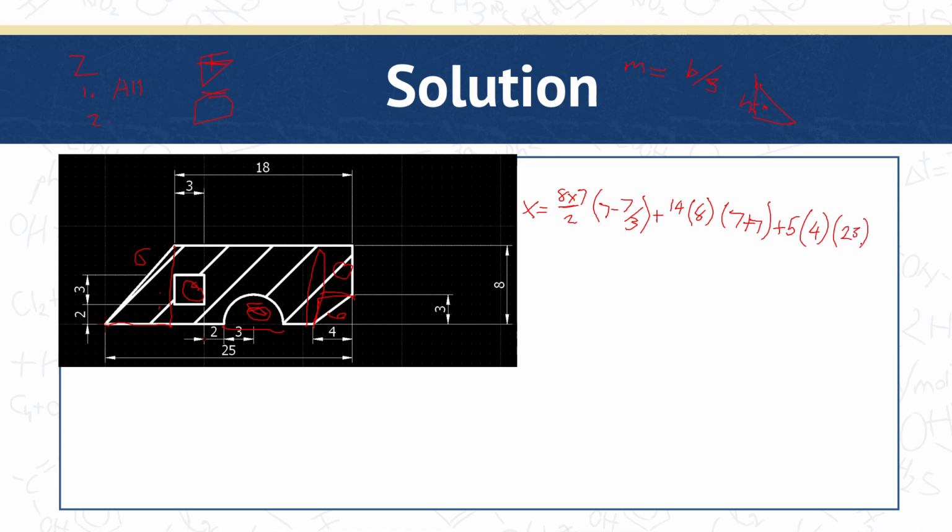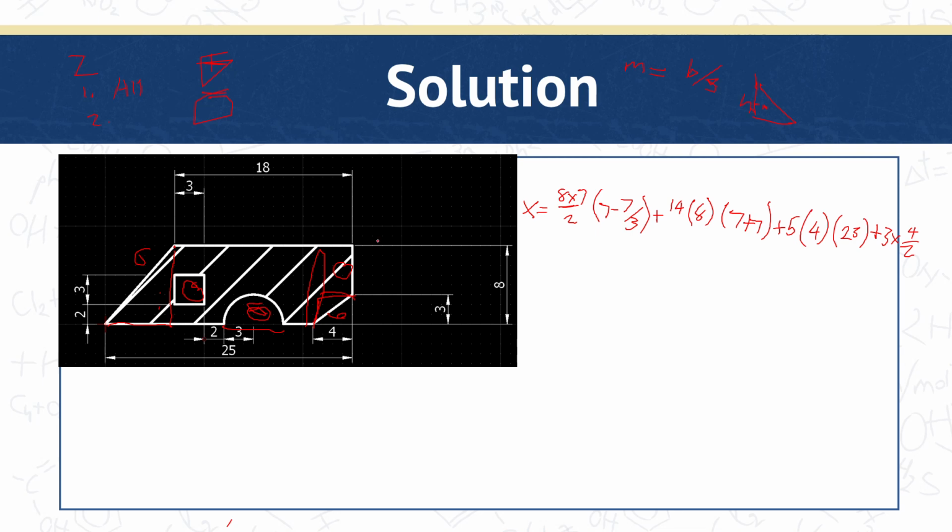So you have 23 here, and then you add as well your triangle down here, which would be equal to 3 times 4 over 2. Let me make this much simpler.